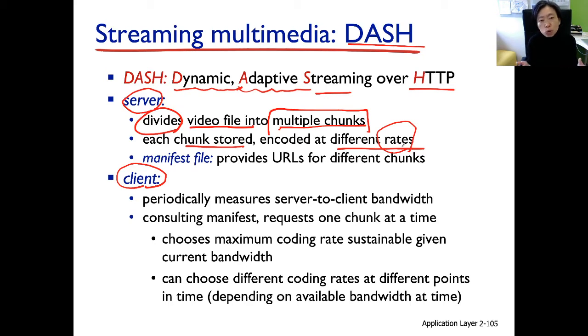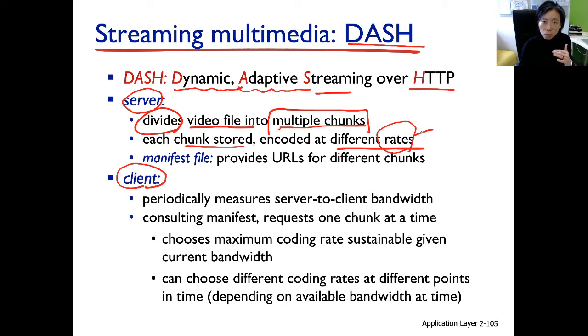To allow this flexibility, depending on how the client senses the current network bandwidth, the server stores each chunk and encodes multiple versions of these chunks at different rates. When the network bandwidth is good, we can download a higher quality, higher rate video.